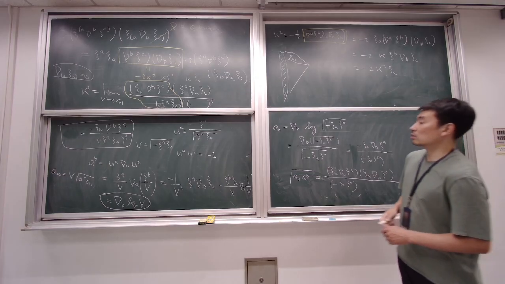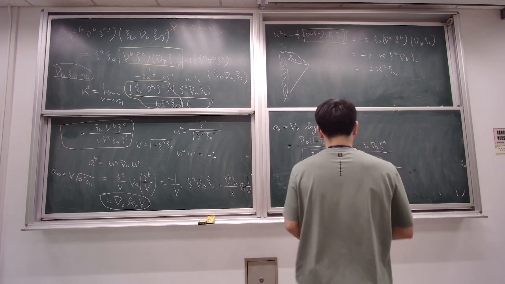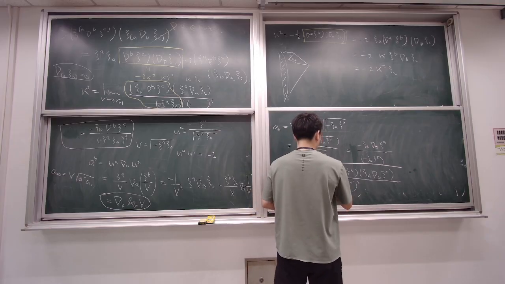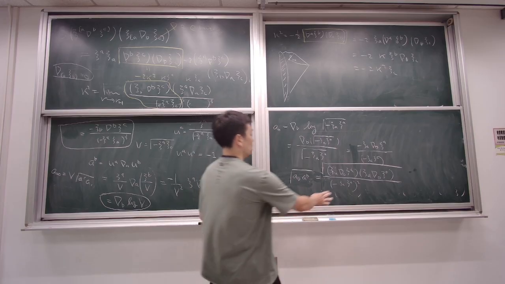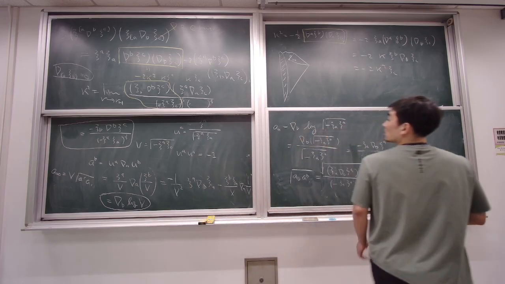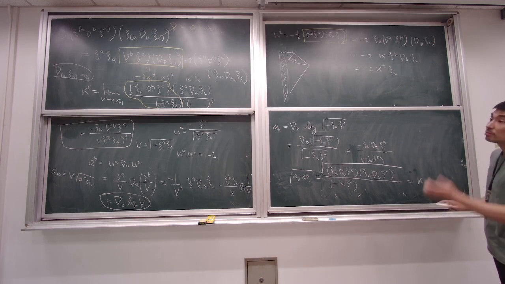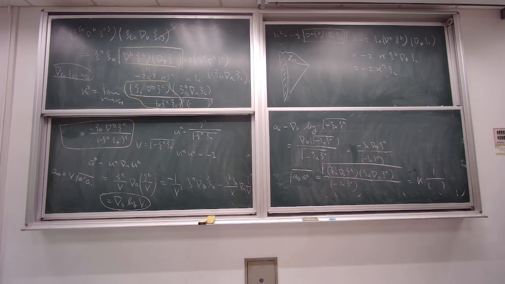And take a square root. Square, right? Okay. Square root this one. And this is equal to kappa times 1 over this one, minus CA and XCA.